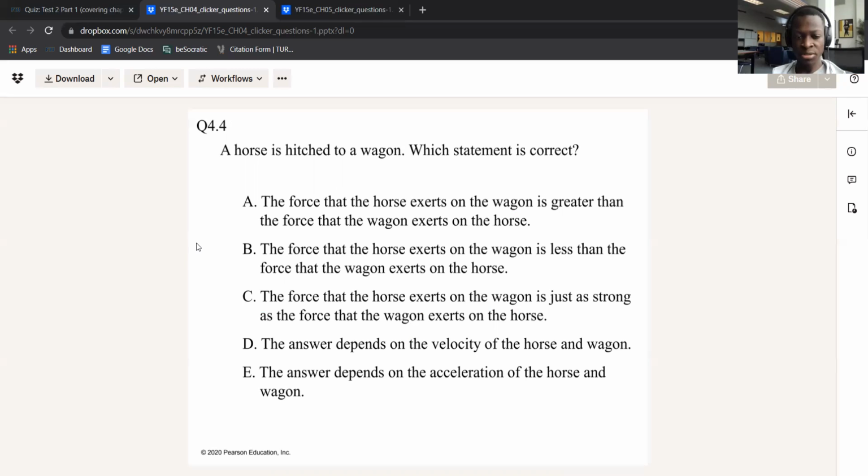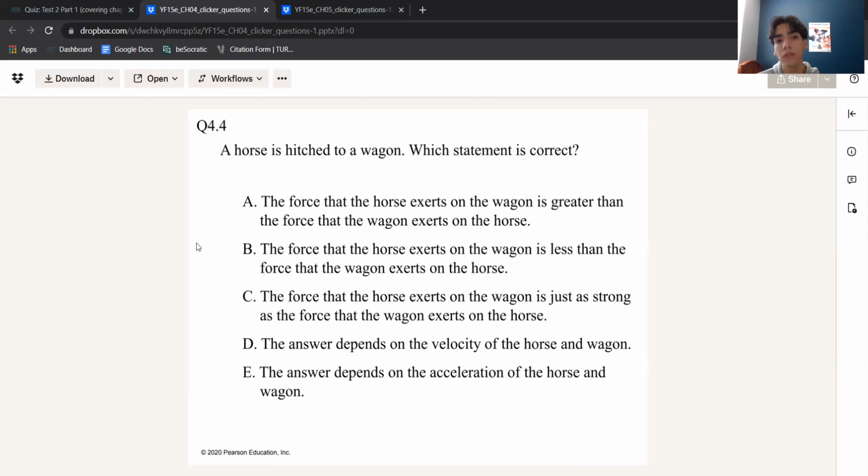I feel like it's most likely either D or E. The reason I go automatically for D or E is because the question didn't say whether the horse is moving or not. It just says the horse is hitched to the wagon. So that had me a little confused there. We know that for you to move something, it has to have a net force in a direction, right?